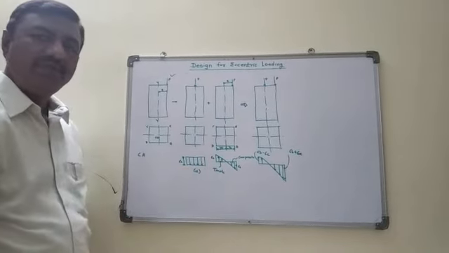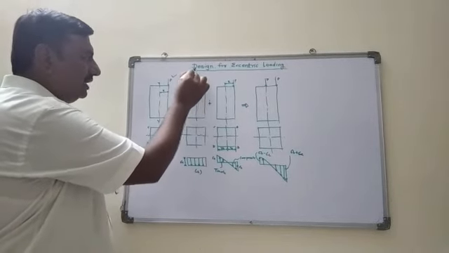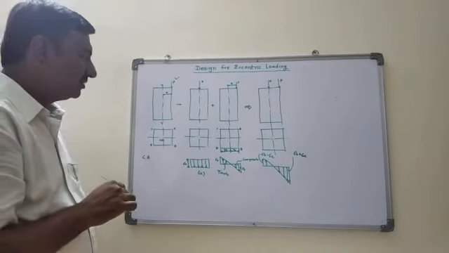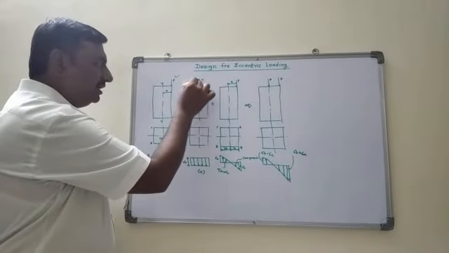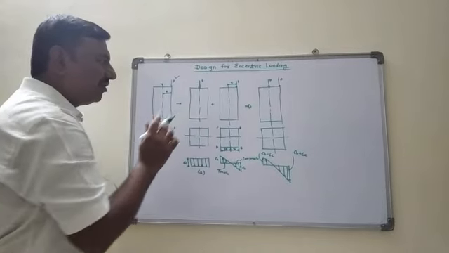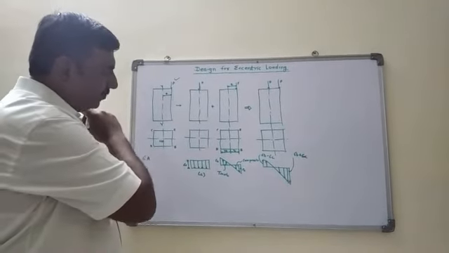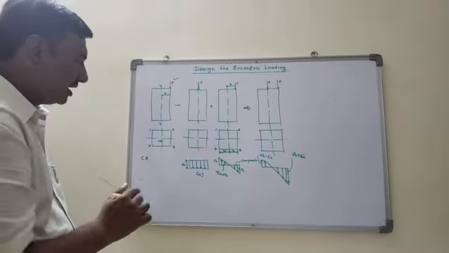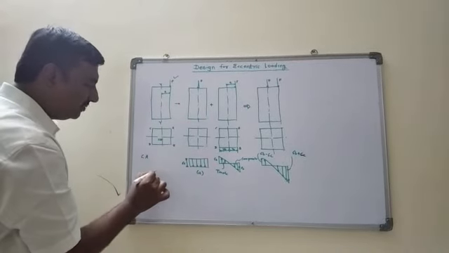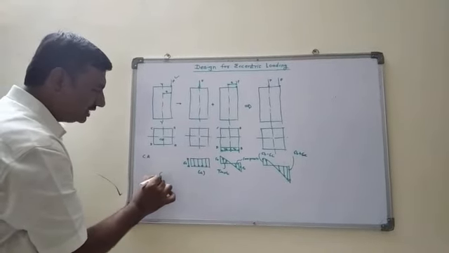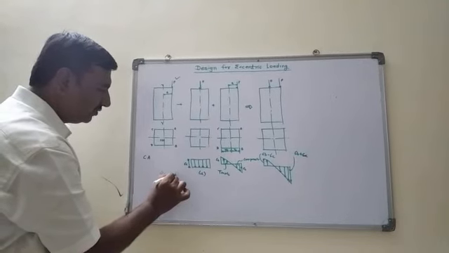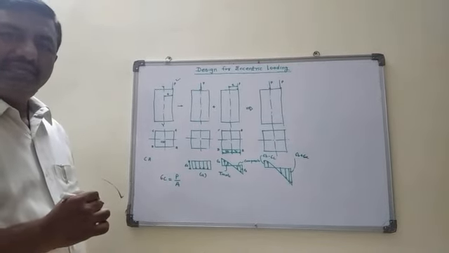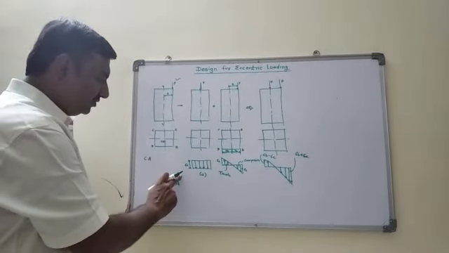Figure A shows when the P acts coinciding with the centroidal axis, so it is subjected to compressive stresses which act over the entire cross section of the rectangular strut, and the magnitude of the compressive stress sigma c is equal to P upon A. This is the equation we have. Sigma c is equal to P upon A.